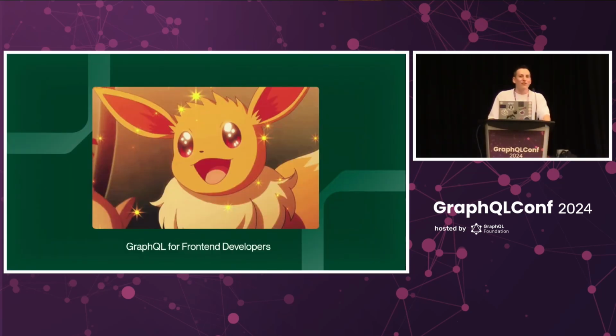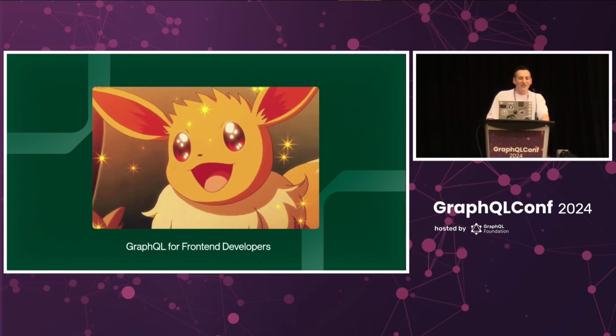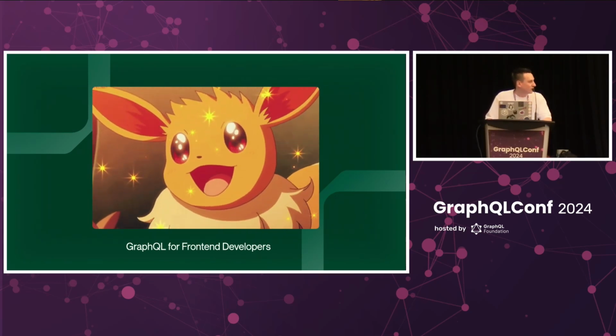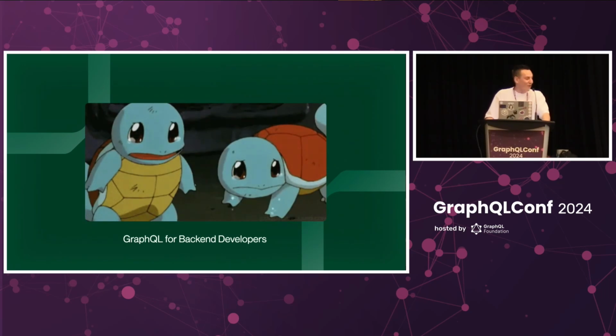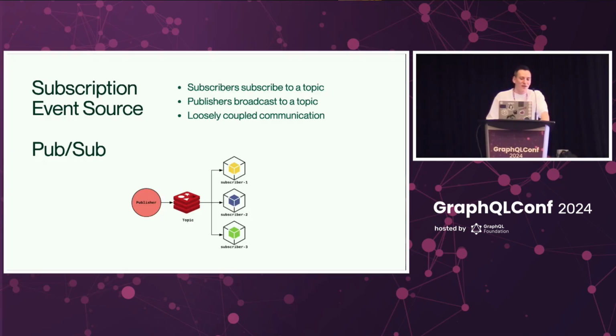You just write your subscription operation and you get your data. But for our back-end developers, they still have the same complexity. They still need to deal with everything else. So in most cases, or for most use cases, I would say having a PubSub system as the subscription event source is a good choice.